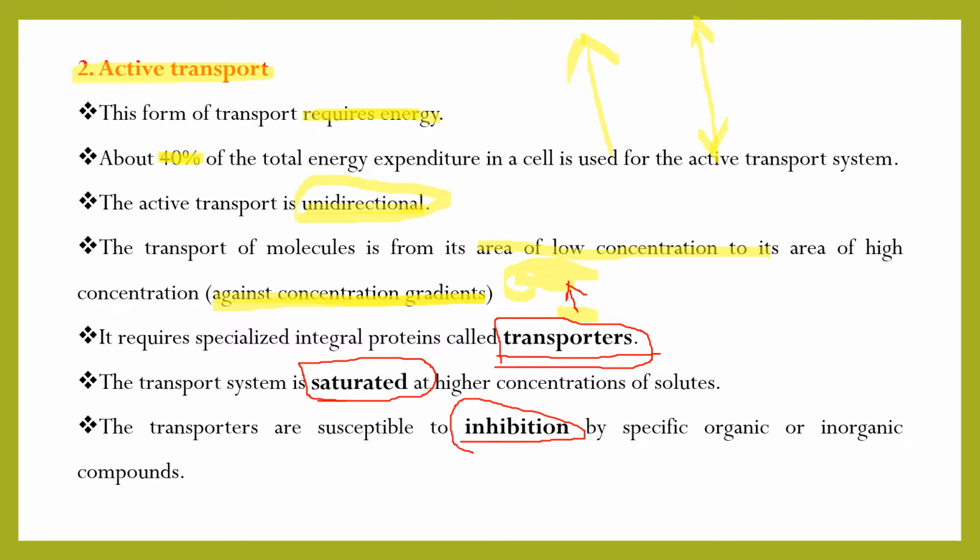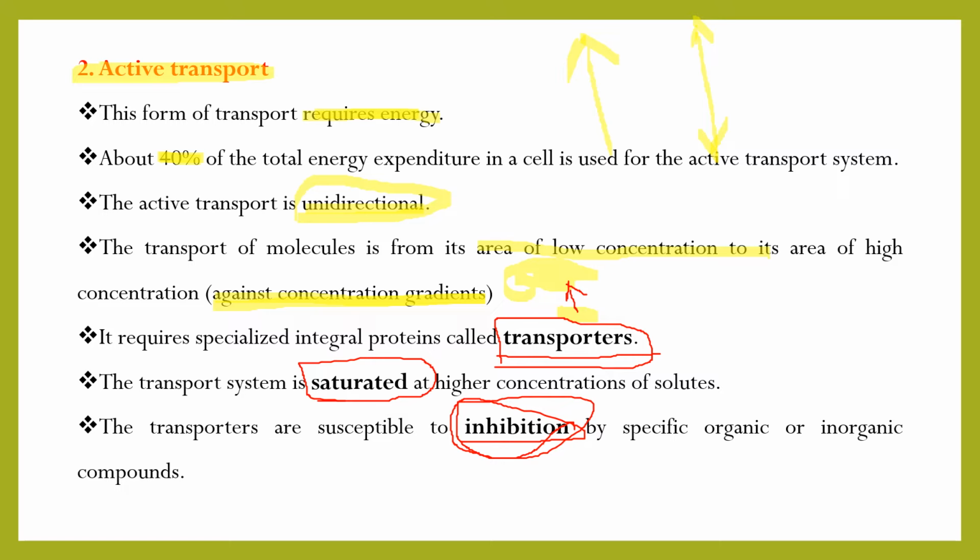The transporters are susceptible to inhibition because there are molecules which resemble the molecules that are transported. So these molecules may occupy these transport proteins. If these transport proteins are occupied by inhibitors, then the real molecules that used to be transported have no chance to be transported.